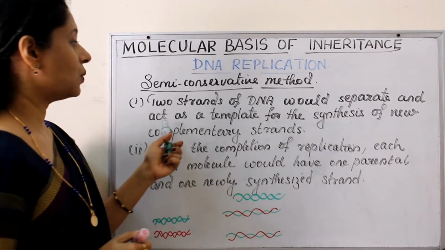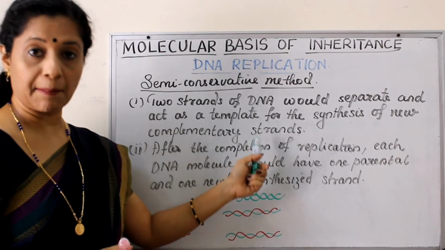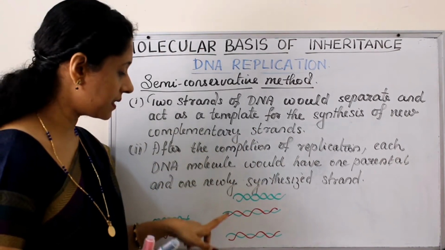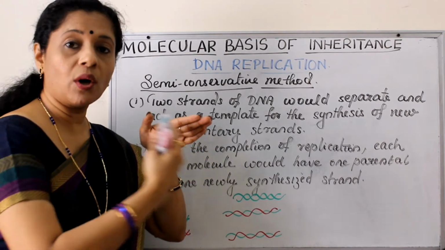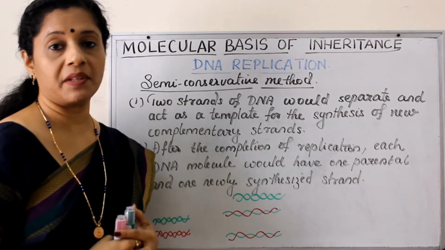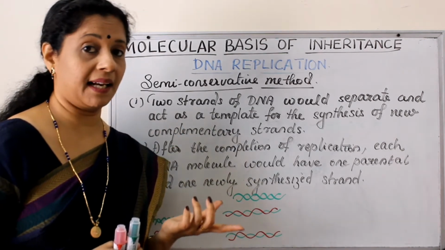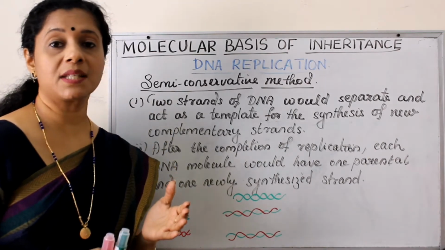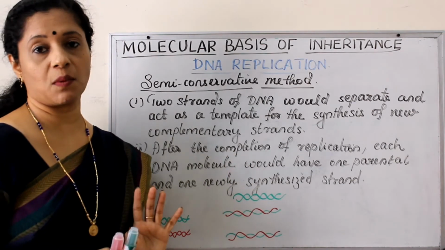So, two strands of DNA would separate and act as a template for synthesis of new complementary strands, because when they separate out, there should be an order in which a new strand can form. That is called complementarity. We already learned about base pairing. Adenine base pairs with thymine, guanine base pairs with cytosine. So, based on base pairing, a new strand is forming.